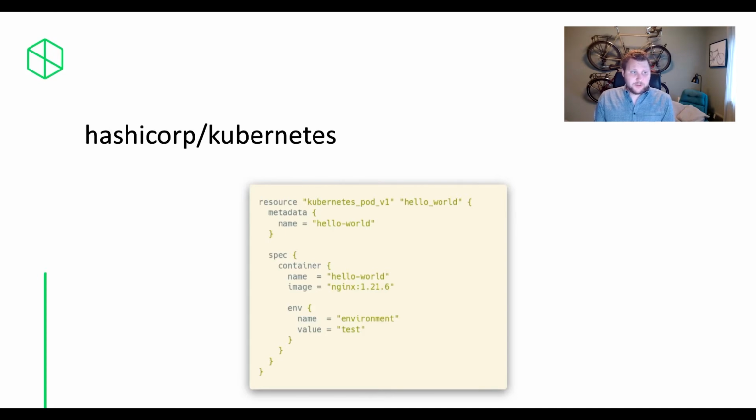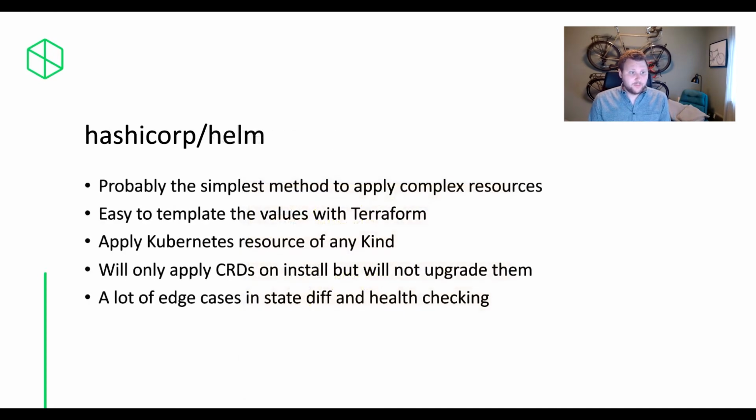So another option out there is the Terraform Helm provider. Helm is a tool used to manage and package manifests, but also template the YAML files from a configuration file, basically. So it is an extra abstraction on top of pure YAML definitions.